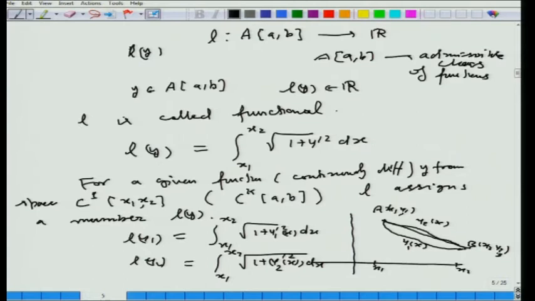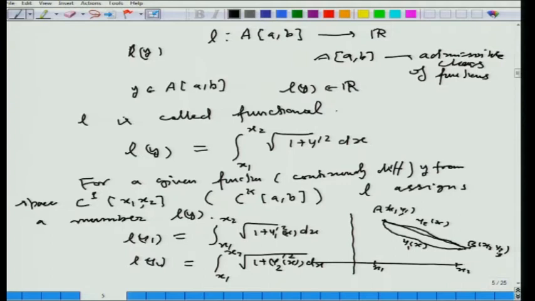Here admissibility is that y prime should be piecewise continuous, so that this integral is defined in the sense of Riemann. And so, this functional L assigns a number L y to this function.